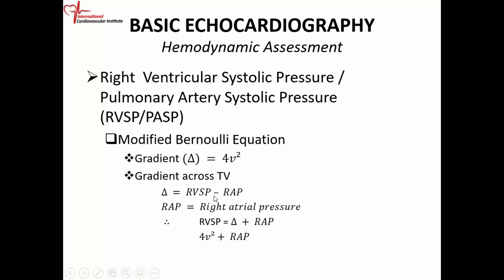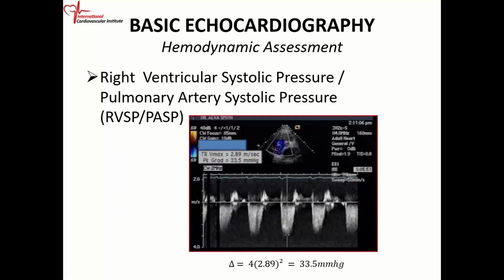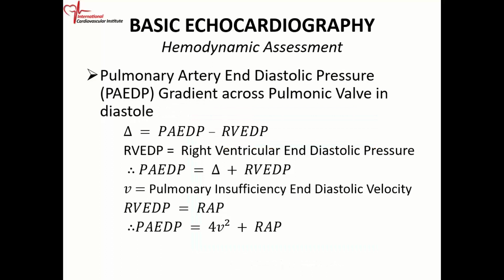So we're going to have to add the RA pressure to the gradient to get the RV systolic pressure. So, simple math. The RV systolic pressure is equal to the gradient plus the RA pressure. All right, so we can calculate the PA systolic pressure.